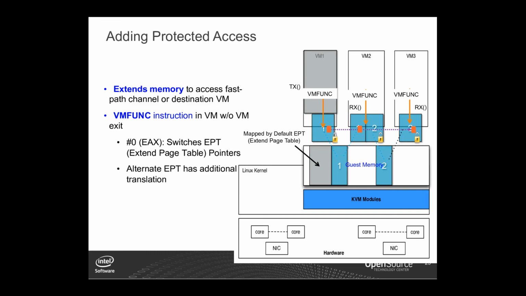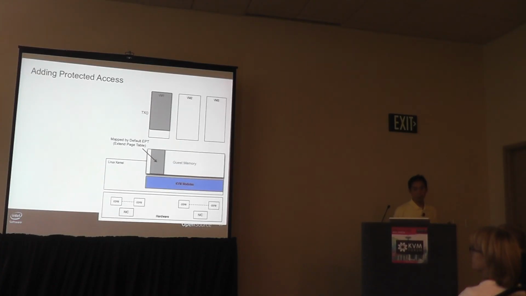Now I'll talk about how we can add protected access. This picture shows the default EPT. EPT is the extended page table that maps the guest physical address to machine physical. In the default view, it's just the mapping of the existing guest page table.